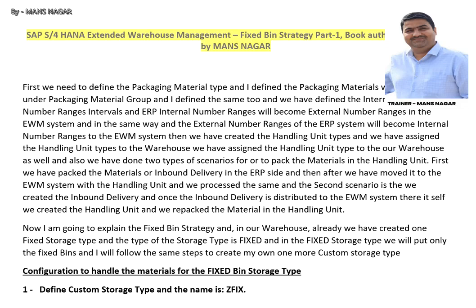In the warehouse, we require some kind of specific storage type. In that storage type, we put the fixed storage bins. So that storage type is nothing but a fixed storage type. We require this storage type for multiple purposes.